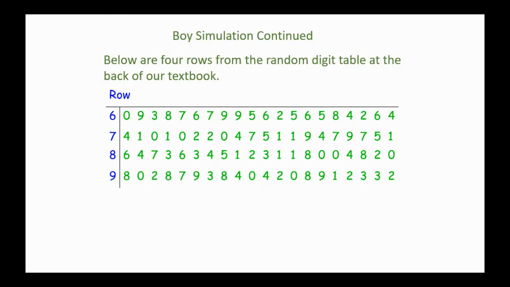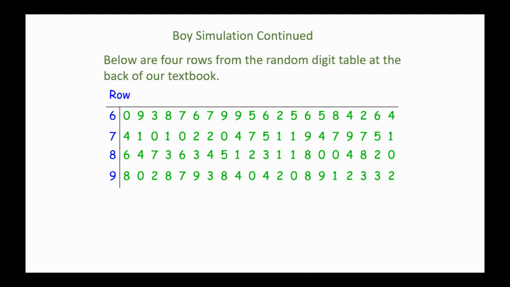So in our simulation here, remember, we're going to keep having kids until we have a boy. Boys are marked by odd numbers. So for this first trial, what would the 0 be? Let me back up. Zeros are even. I should have stated that. So what would the outcome of our first trial be?